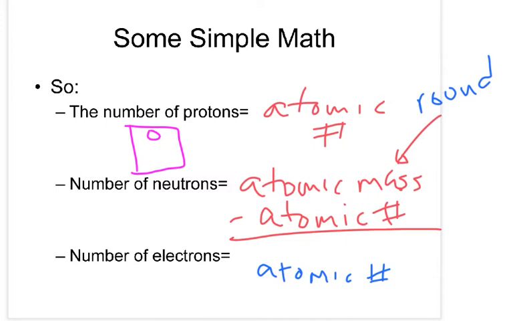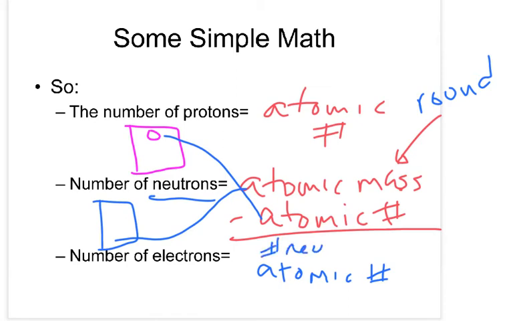In order to find the number of neutrons, we take the atomic mass, which remember is at the bottom, and we subtract from it the atomic number, that number at the top. That will give us the number of neutrons found in the nucleus of a given element.